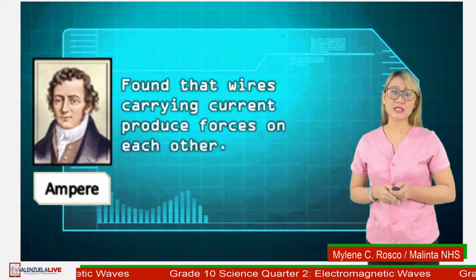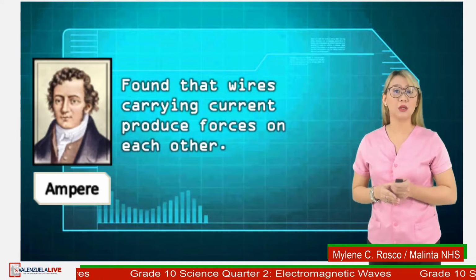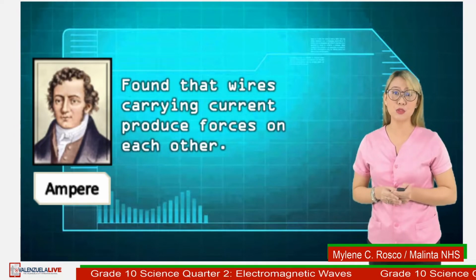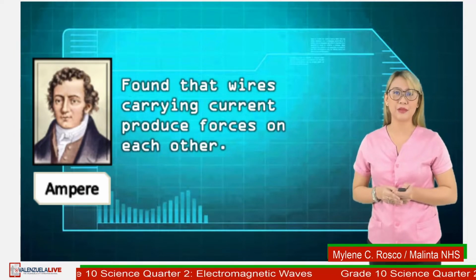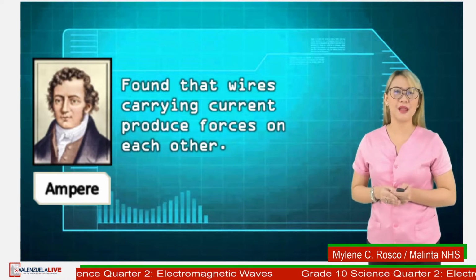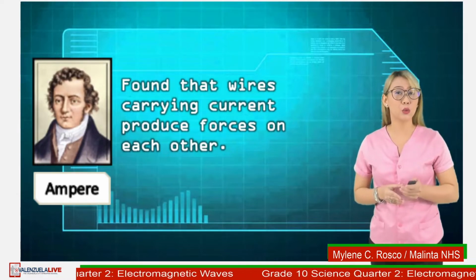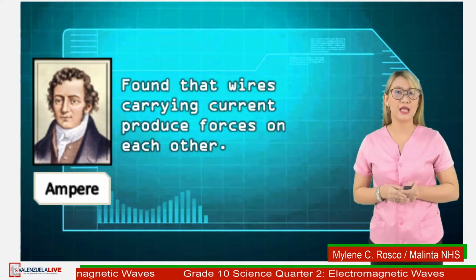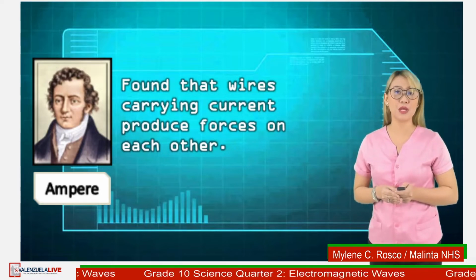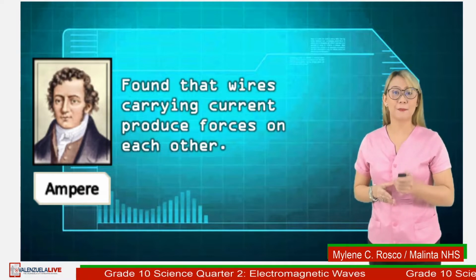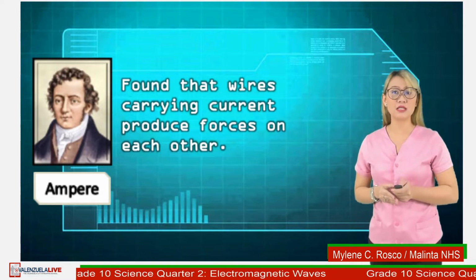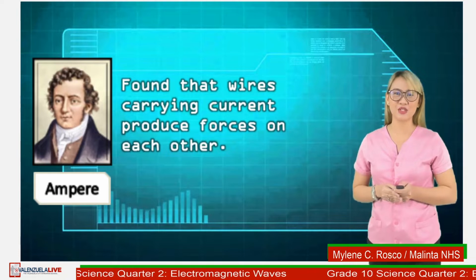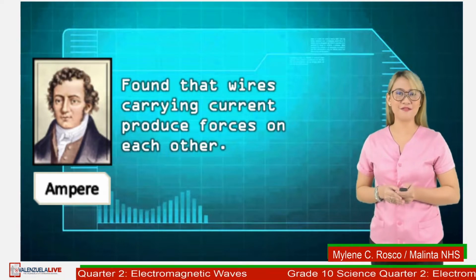French physicist André Ampere found that wires carrying current produce forces on each other. Ampere's theory of electrodynamics states that 2 parallel portions of a circuit attract one another if the currents in them are flowing in the same direction, and repel one another if the currents flow in the opposite direction. So let's have the next question.